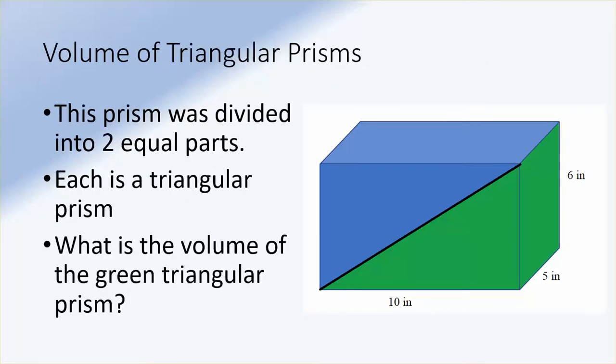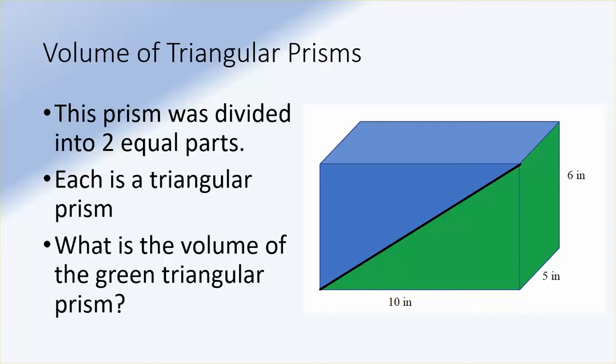Now you'll notice that I divided this prism into two separate prisms. Imagine I sliced through from the top right corner to the bottom left-hand corner. Those two triangular pieces would have the same volume, even though they're mirror images of each other.